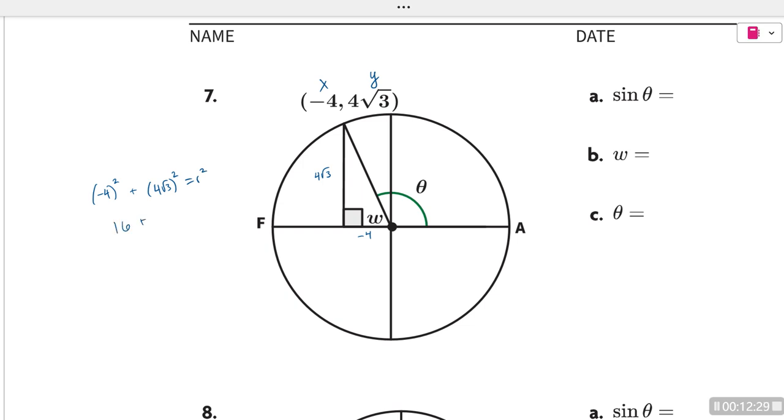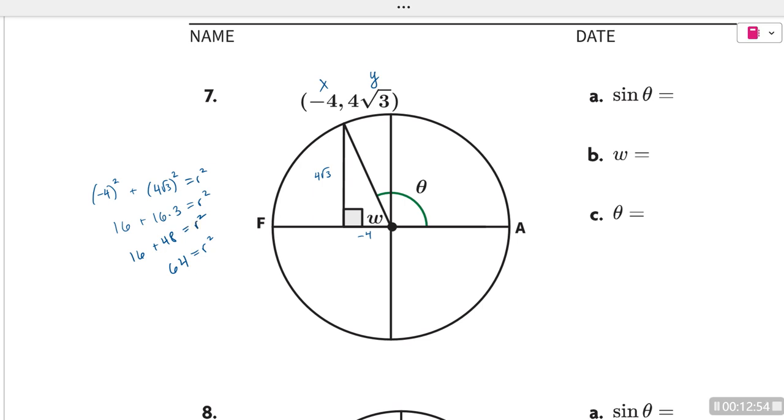So we get 16 plus 16 times 3, and 16 times 3 is 48. 16 plus 48 equals 64, so 64 equals r squared.